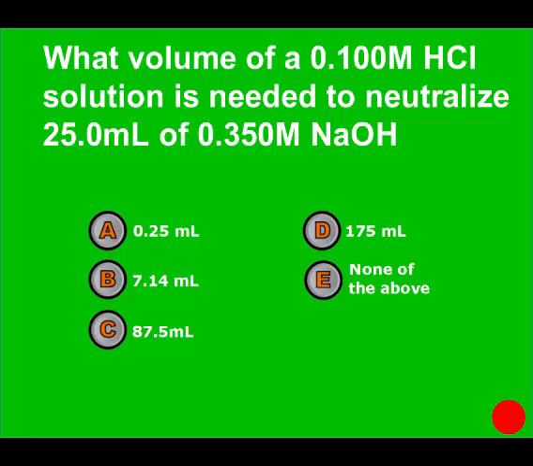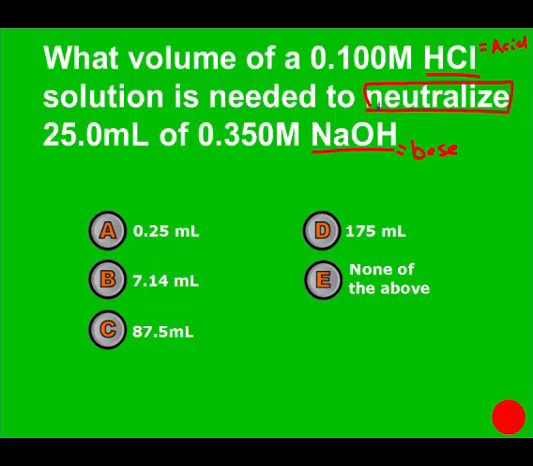This last problem is a little bit different because I have HCl and I have NaOH. HCl, from our previous units, you should know is an acid. And from our reactions unit, you should know NaOH is a base. So acids can neutralize bases.